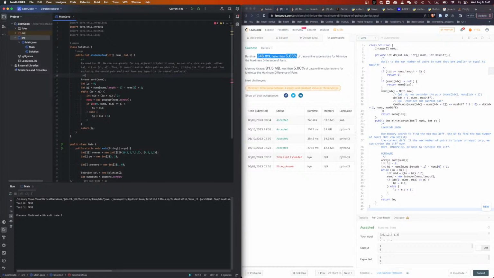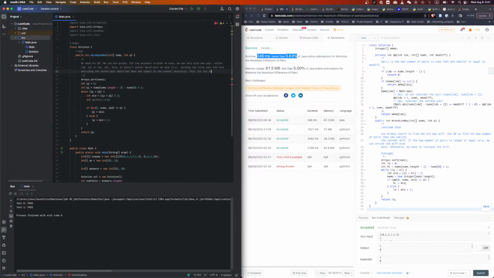That's the thing. So we can sort, we do this, and we don't memo. We basically just int max pairs equals 0.